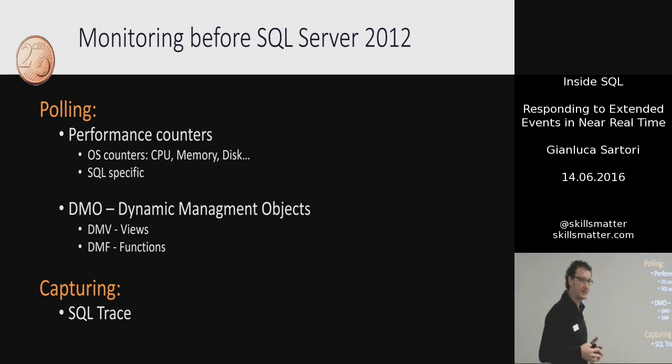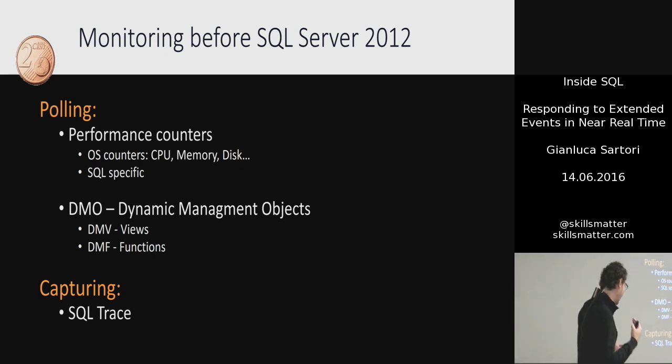So before SQL Server 2012 arrived, we could have basically two possibilities for monitoring. We could be pulling some information from performance counters or DMOs. So basically, when you install SQL Server, you have your performance counters installed in the system as well. You can be polling those counters regularly and see the numbers you get. You record those numbers and you save them to a file, a database table, everything that works for you.